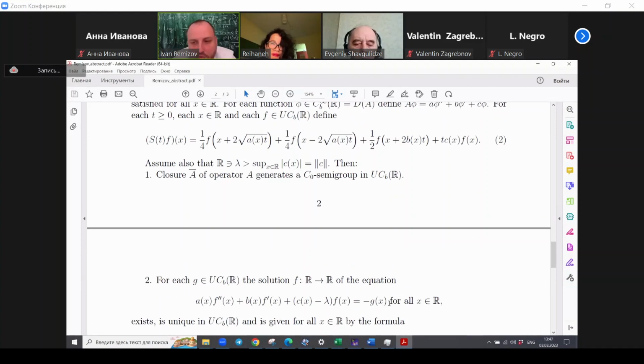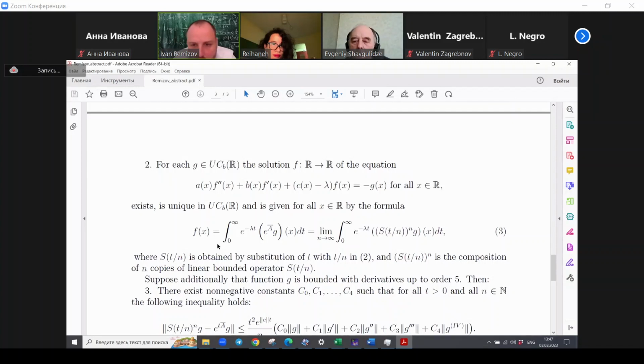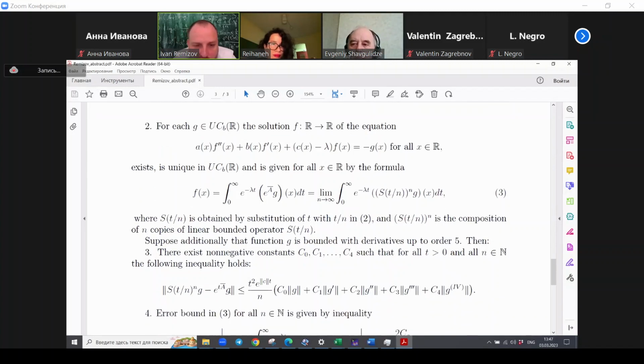It may not have limit 0 at infinity, but in the same setting, you prove that this S is a Chernoff function for a semigroup defined by the same operator L. So here, oh, it is A here.